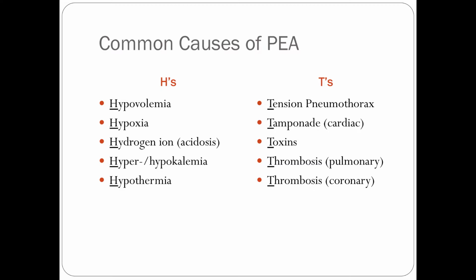We can suspect that with a patient's history. And also coronary thrombosis from their history, and maybe prior history too, if we have access to prior histories of both of those. That may be what we're dealing with, and that's once again something we need to recognize and get to some place where you can do more definitive care in the hospital setting.